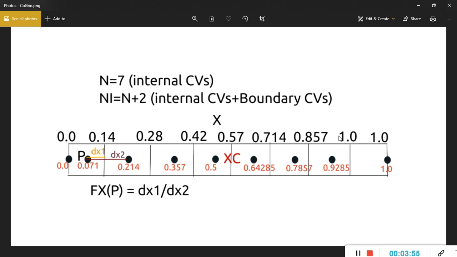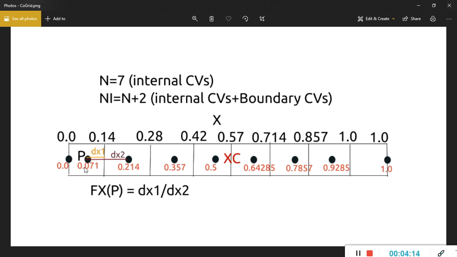And with this approach, we can now compute the control volume cell centers. So of course the first one, because it's on the boundary, the XC value will be 0. The second one is still in this first internal cell, but do not confuse it.